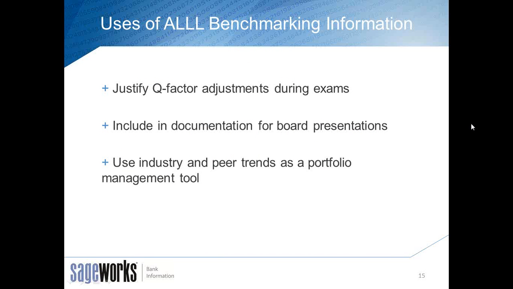It's going to show that your results are maybe in line with what the particular metric is. It's also going to show you where you may be an outlier to your peers. But it's going to give you the chance to explain in maybe greater detail your ALLL, your FAS 5s in general, and even from a portfolio management standpoint.